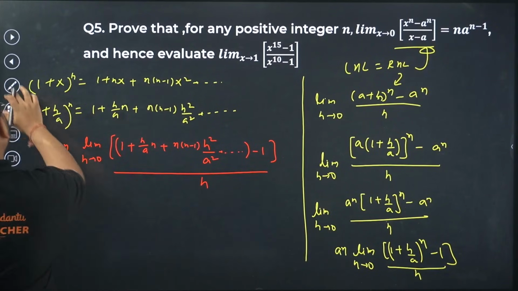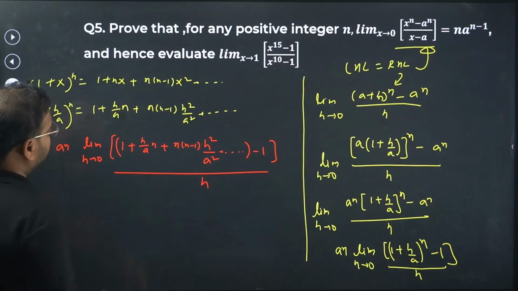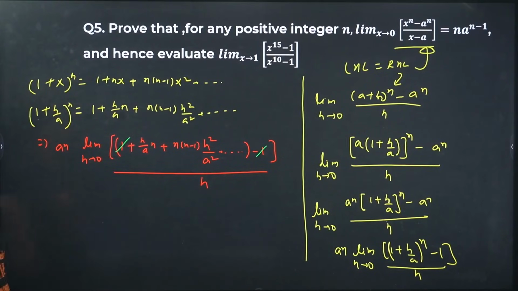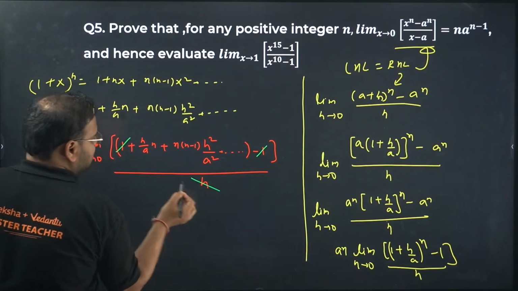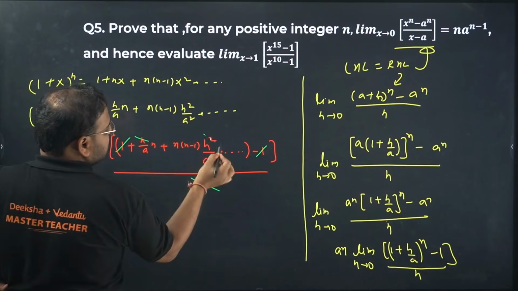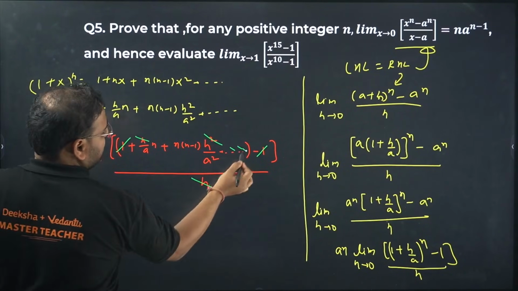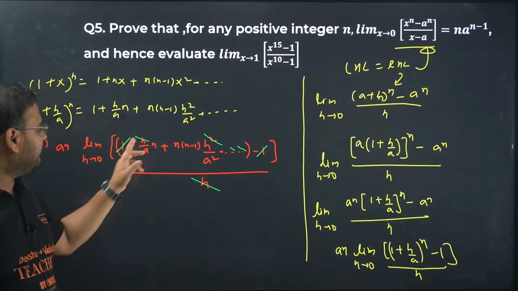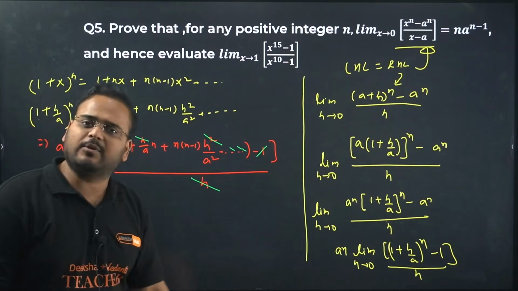Check carefully. This plus 1 and this minus 1 is cancelled. Also this h is cancelling this h over here, and so many terms of course will be cancelled also. Because once 1 is cancelled, I can take h common and remove that h from the denominator.